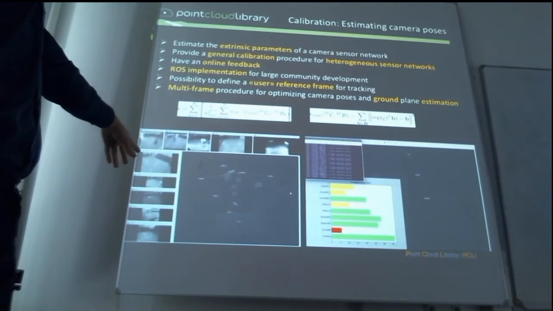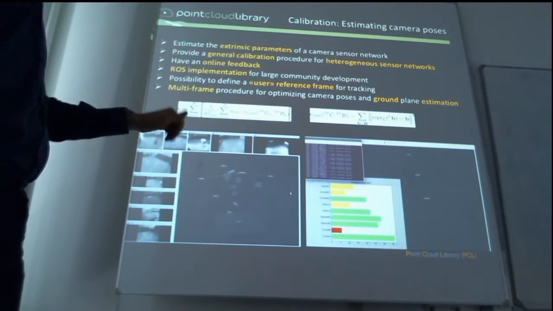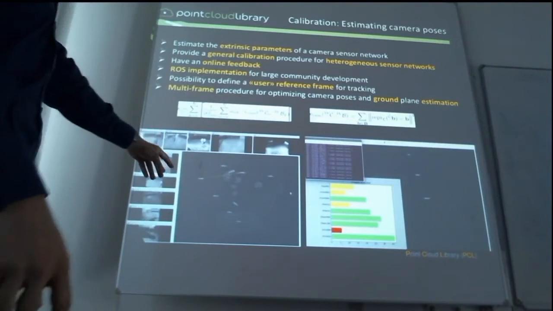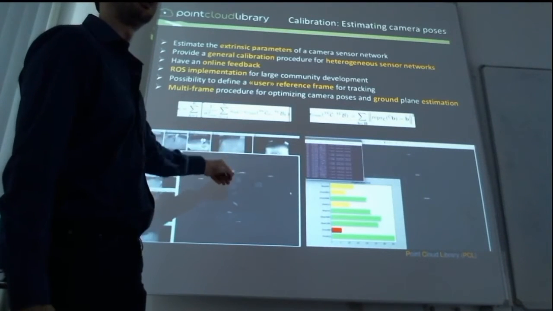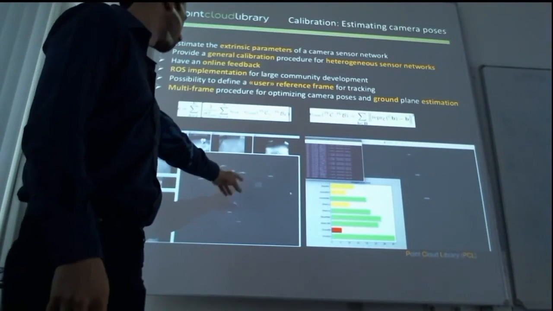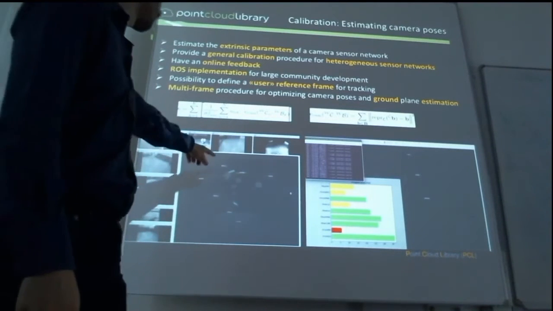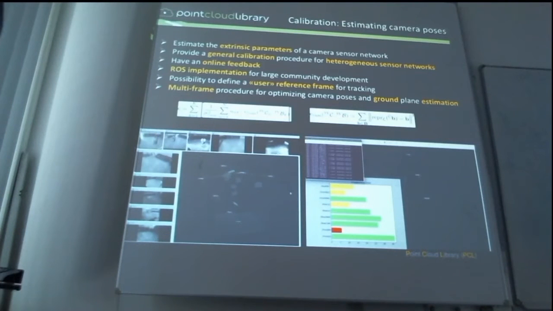Here you can see a real-time feedback from the calibration. When you move the checkerboard around, this is a network with 10 cameras. You see, this is the ROS visualizer because all the software is based on ROS. You can see where the checkerboard is detected in the space and how camera frames are estimated.